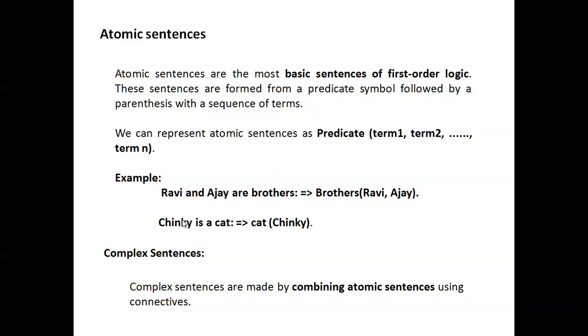These are examples of atomic sentences. Complex sentences are made by combining atomic sentences using connectives.